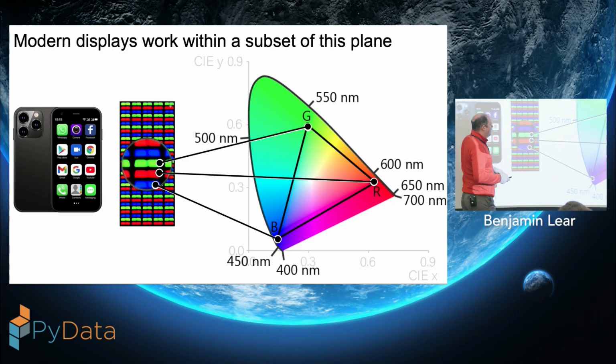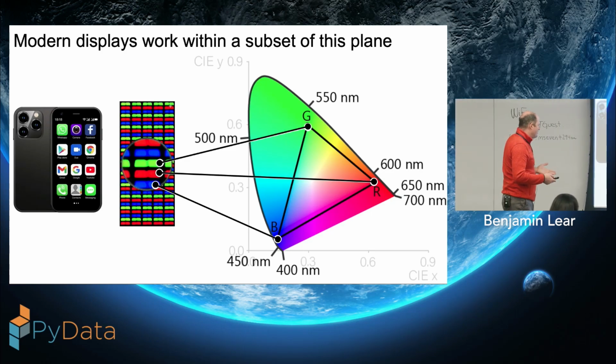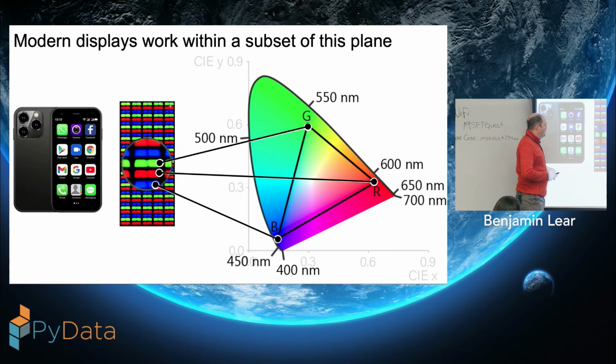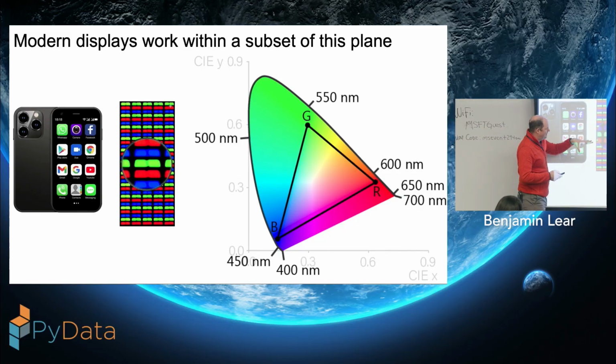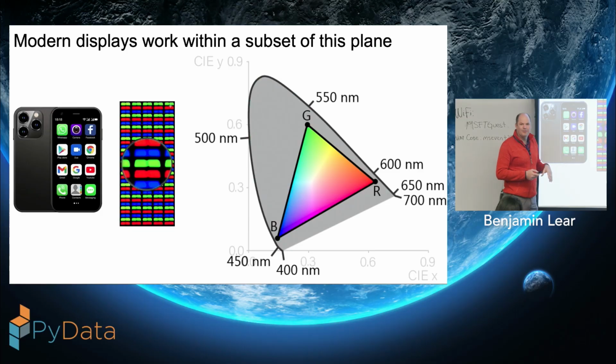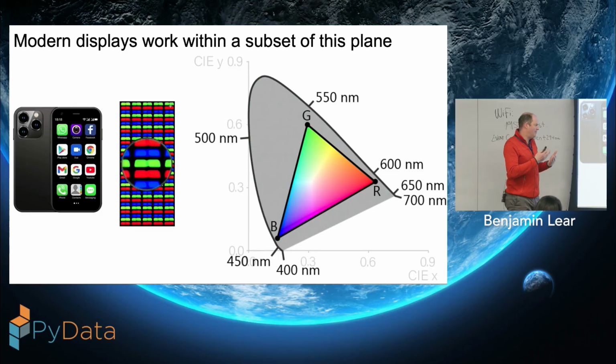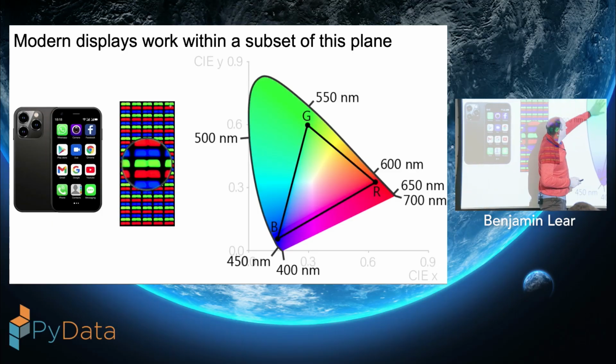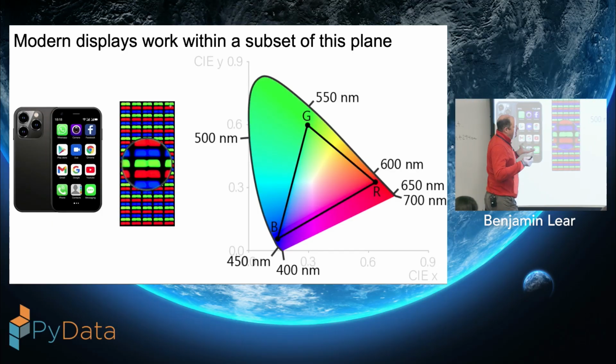all right? So another thing that you have to sort of come to grips with or accept is that on a display like this, you're only sampling this narrow subset of possible colors, all right? So when you look at your phone, when you look at your computer screen, there's this whole swath of greens and blues that you really can't represent.